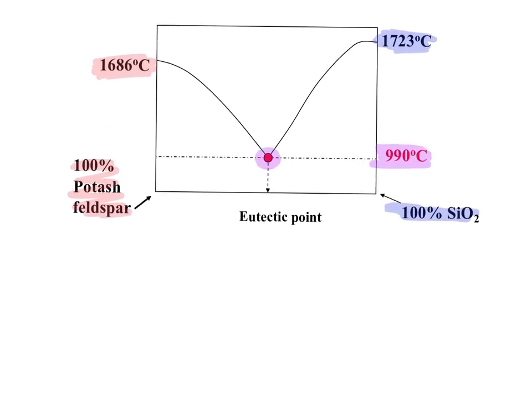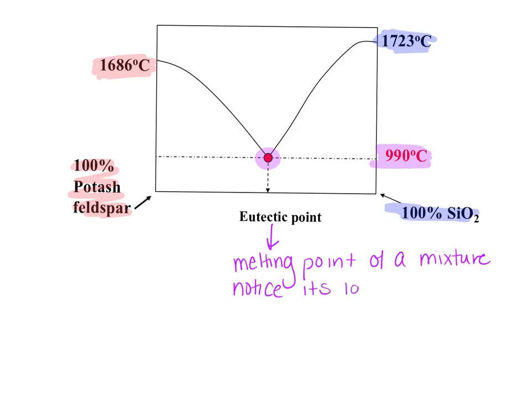This is called the eutectic point, and that is just the melting point of a mixture. And notice that melting point is lower than the individual components.